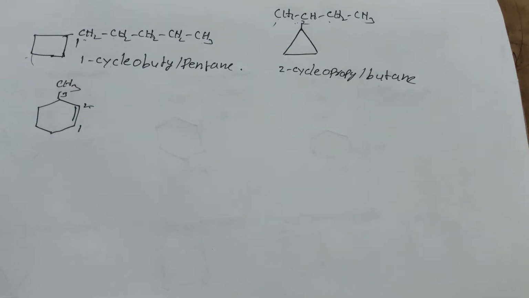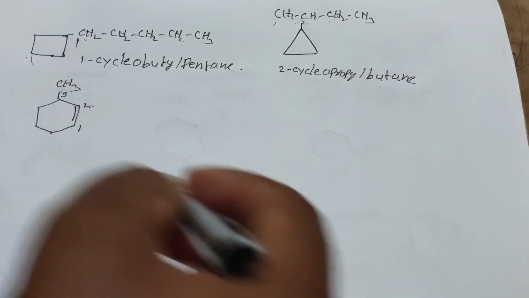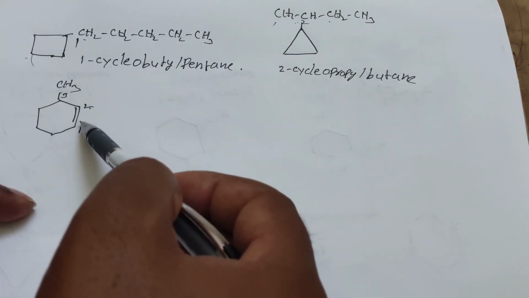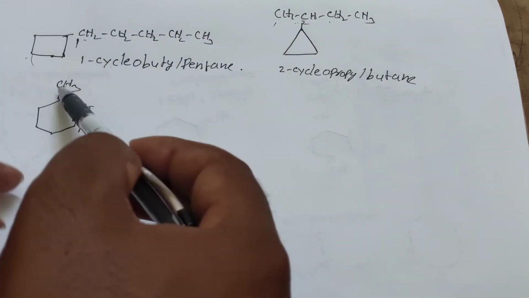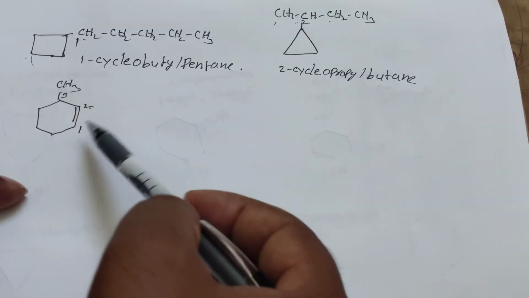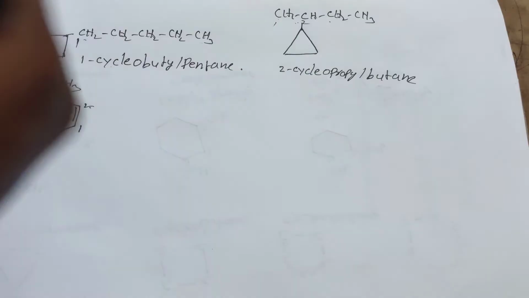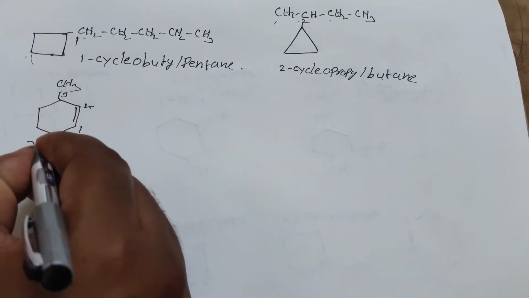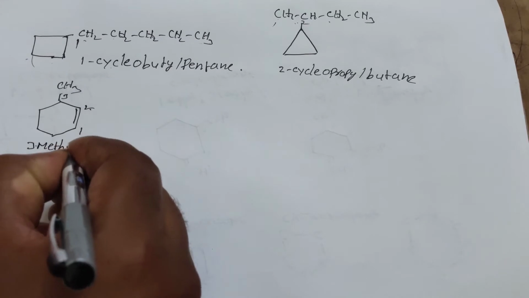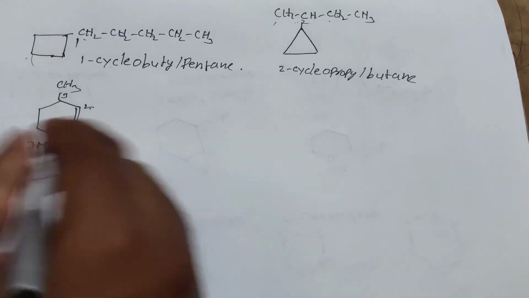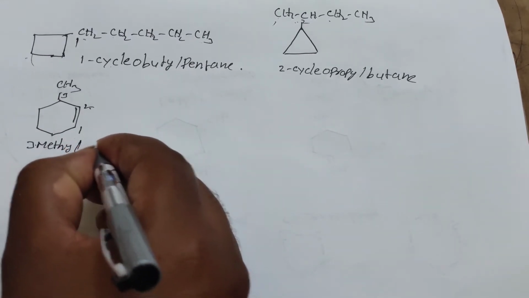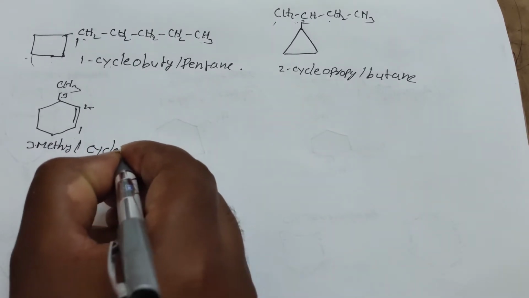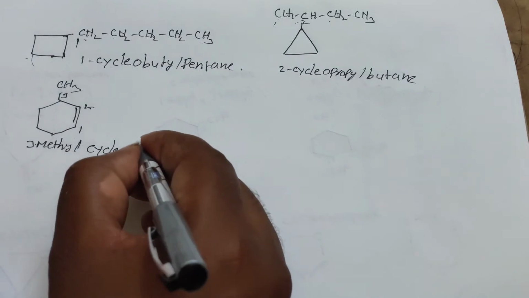As per the priority order, the first priority goes to the principal functional group, the second priority is the double bond and triple bond, and the third priority is the substituent. That's why I am giving numbers 1, 2, 3 like that. So the name of the compound is 3-methylcyclohexene.